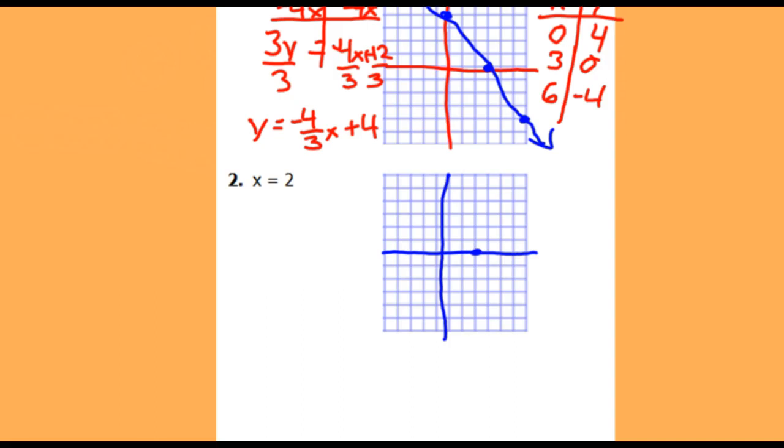Now, I don't have any y's, so it can't touch the y-axis, so it's just going to go straight up and straight down. X equals 2 is a vertical line going straight up and straight down.